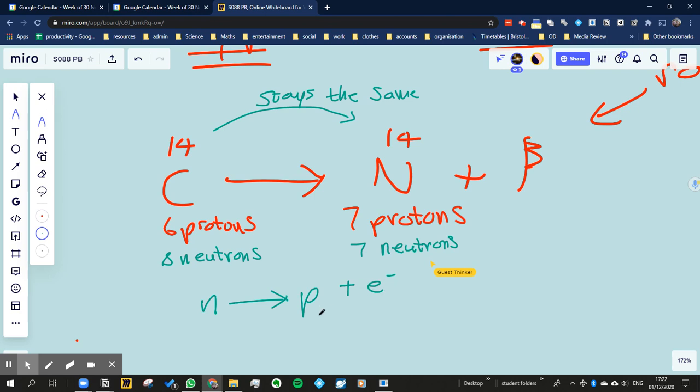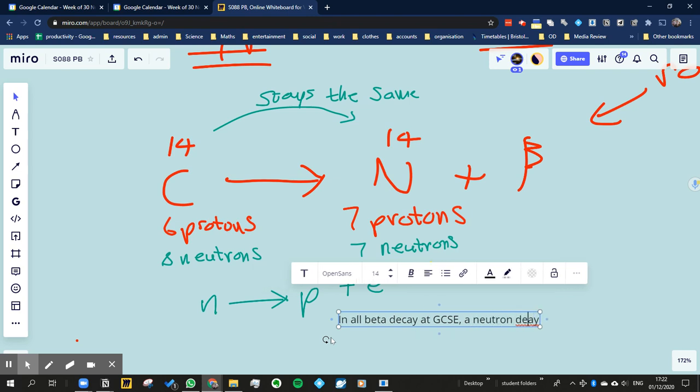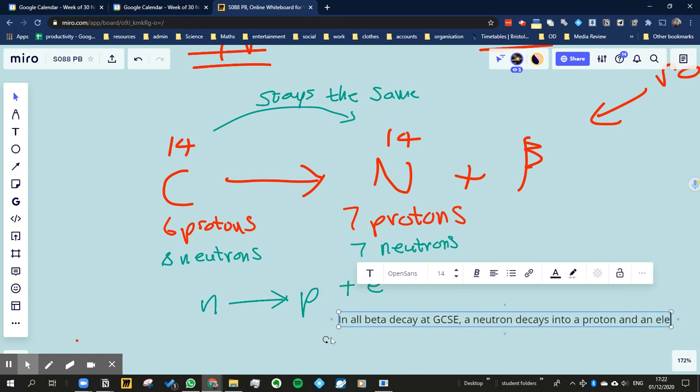So really what's happened is in all beta decay, actually I would say in all beta decay at GCSE, a neutron decays into a proton and an electron.